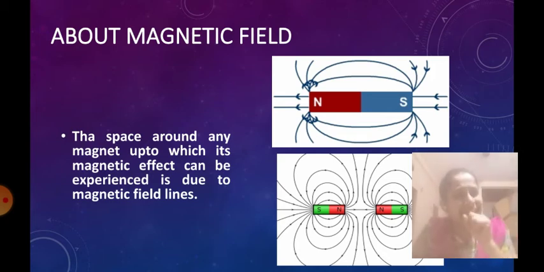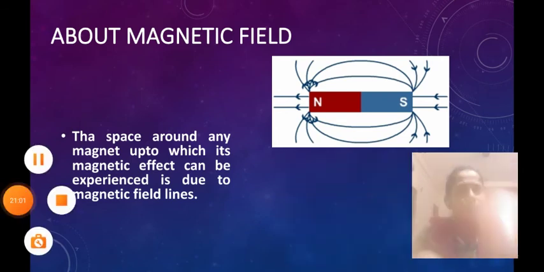But do you see any field line of them intersecting? No, they will never intersect each other. So this is another property of a magnet, that the magnetic field lines never intersect each other.